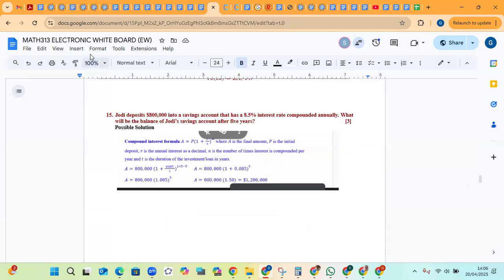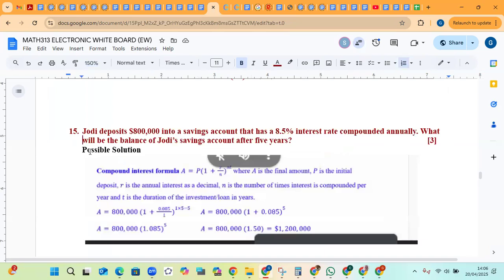And here you've got an example. So that's where the name Jody came from. And here you can clearly see that this question is compounded annually. So this is why now there is a 1 on the rate.